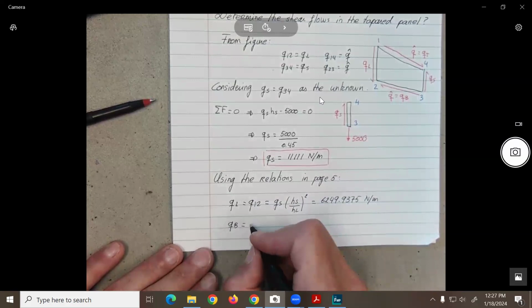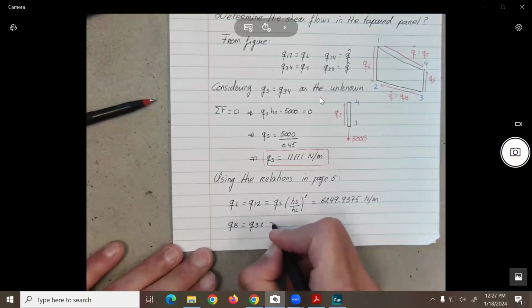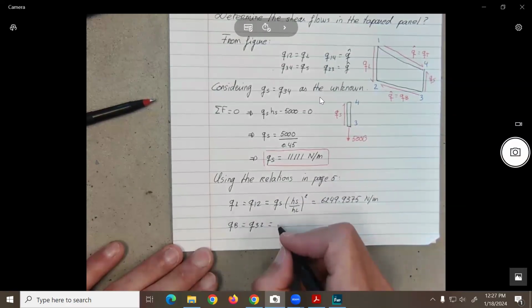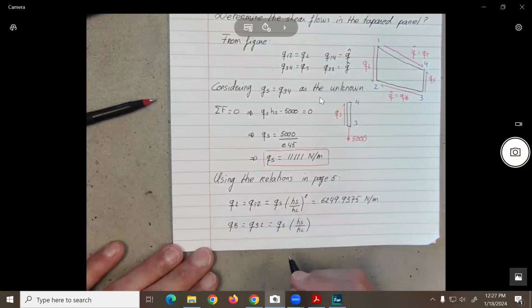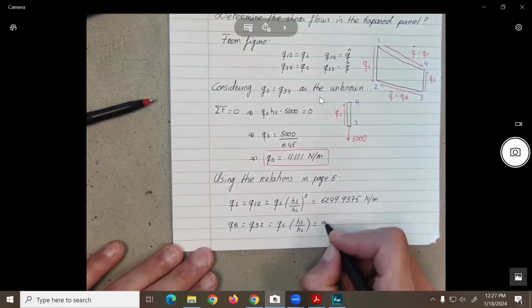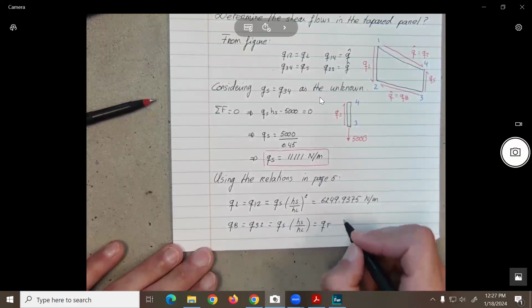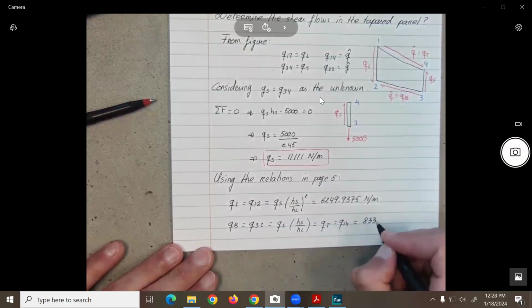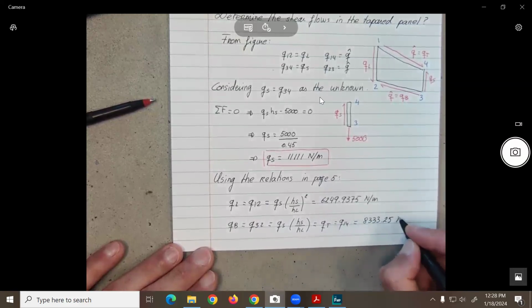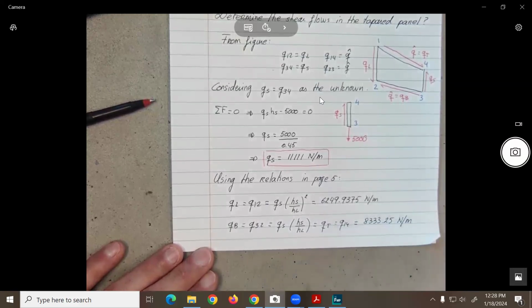Q bottom will be equal to Q32 equal to Q sub S times H sub S over H sub L, which is also equal to Q sub top, which is Q14, and both of these will give you 8,333.25 newtons per meter.